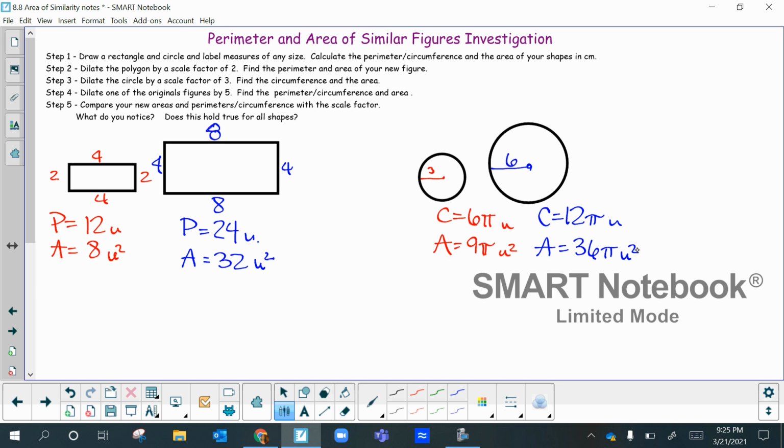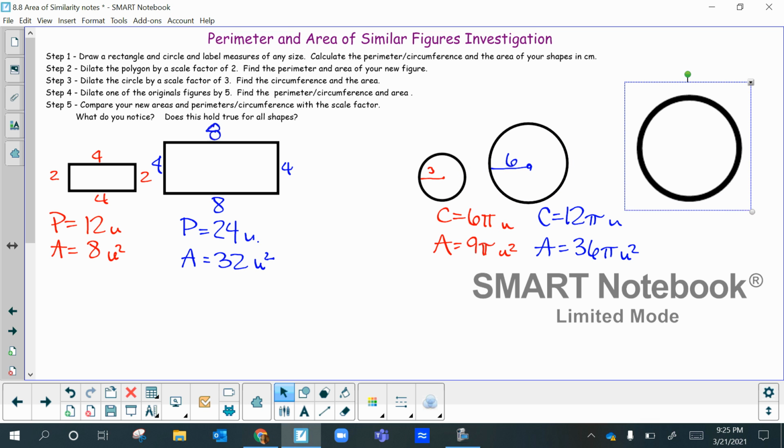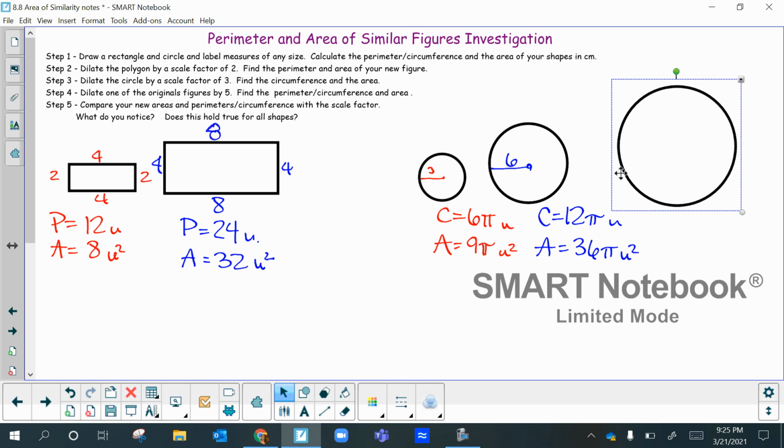And then on the other one, it says dilate one of the original figures by 5. So we're just going to kind of continue this one more time. So if I need to make this 3 times bigger now, okay, so I'm going to get the original one. And now it's going to be 3 times bigger. Okay, again, just not drawn to scale.